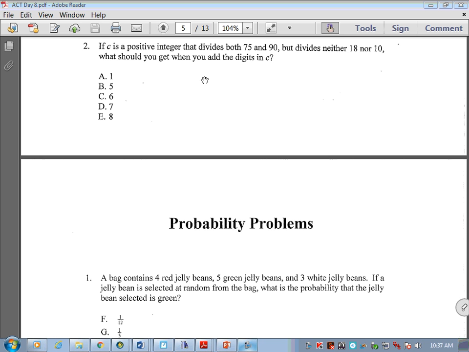A number that would go into 75 and 90, just to kind of shortcut through this because I kind of killed some time, would be 15, right? 15 would go into 75 and 90, but won't go into 18 or 10, right? And so what they're saying is that if C equals 15, what happens when I add the digits in 15? I get 6. 1 plus 5 equals 6. That's how I get 6. Okay?